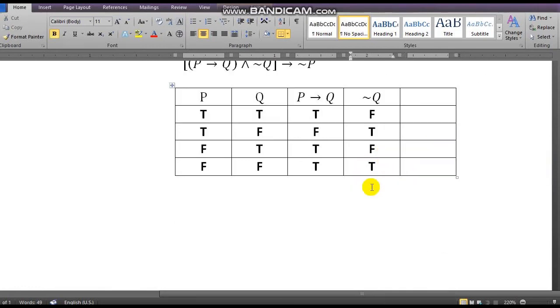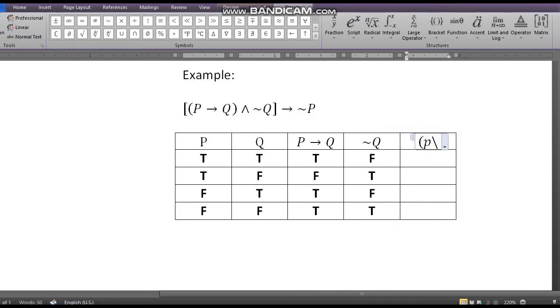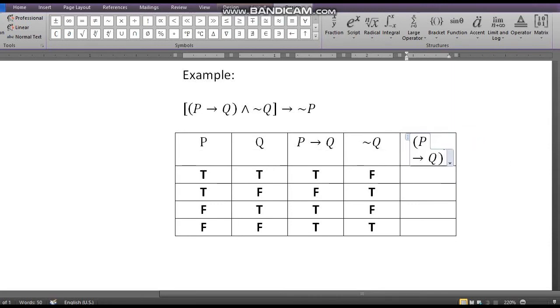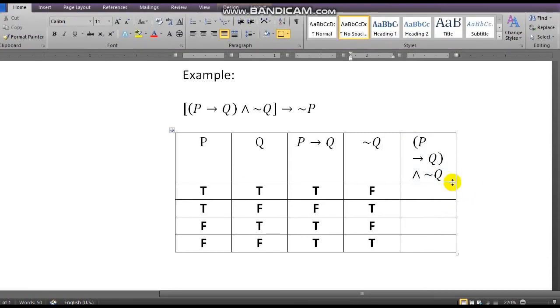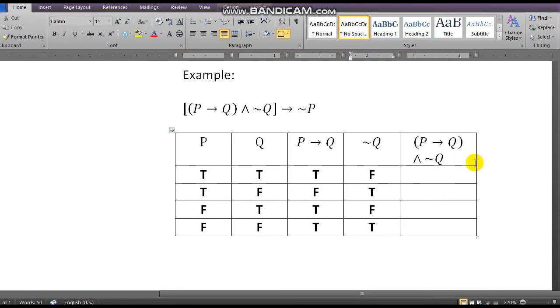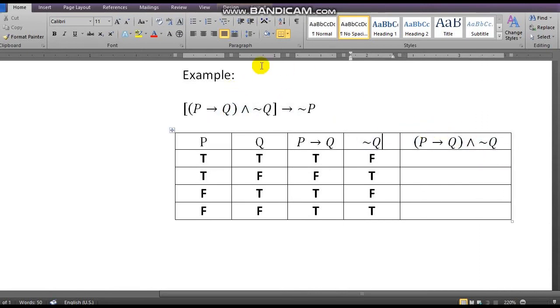Let's have the next one. Since we have P implies Q and we have not Q, we can combine them with an and. So we have P implies Q and not Q. We look at the column for P implies Q and the column for not Q, and combine with an AND.